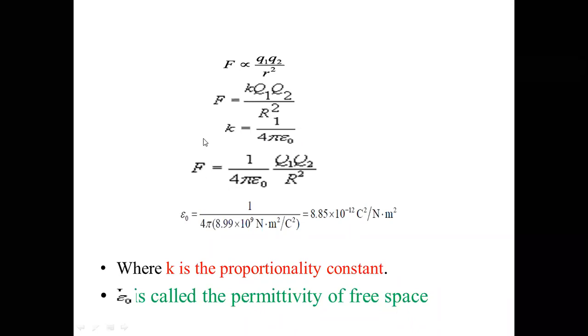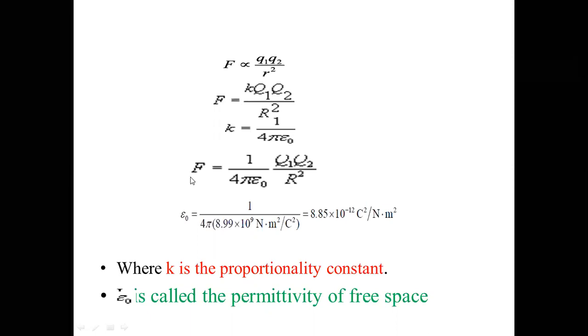So at the end, we come to the conclusion that F is equal to 1 upon 4 pi epsilon 0 into Q1 Q2 divided by R square. K is called the proportionality constant. It appears by replacing the proportionality sign with the equal sign.